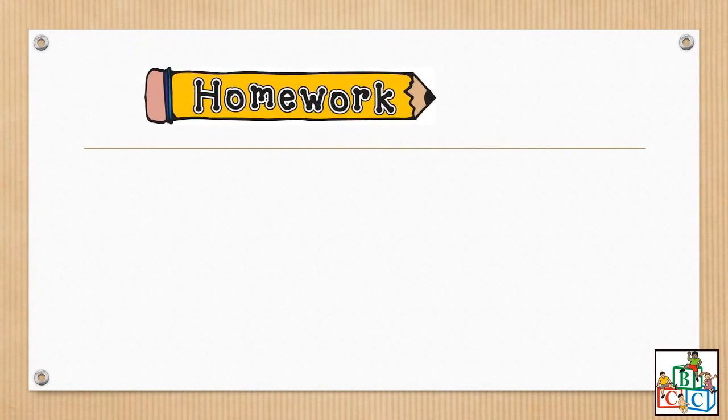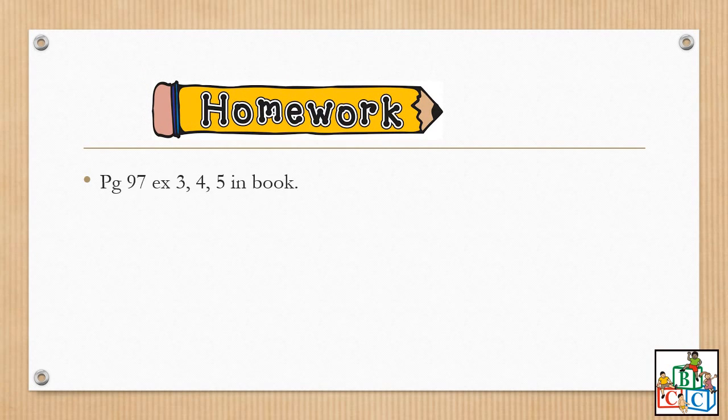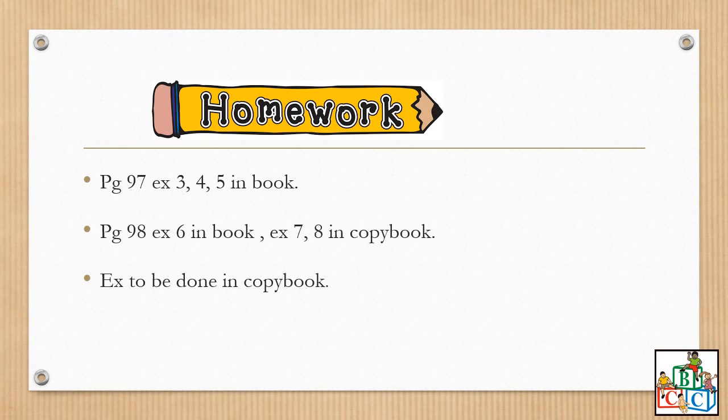Okay, so these are your homework. Page 97, exercise 3, 4, 5 in your book. Page 98, 6 in your book, 7 and 8 in your copybook. Plus other exercises you will see in this video, other exercises you will have to do in your copybook.